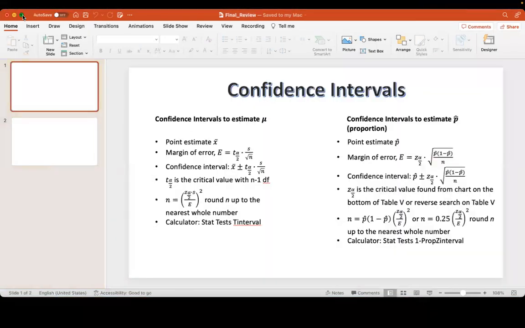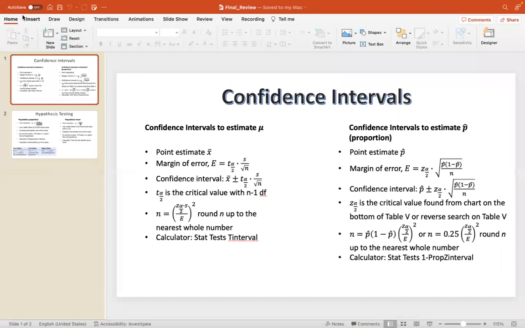So this might even help you with what you're doing right now. You have the confidence interval page right here. This is when we are estimating mu, and it shows what the point estimate is, the margin of error, your confidence interval, what the critical value is, how to find n, round up to the nearest whole number, and the calculator function you use.